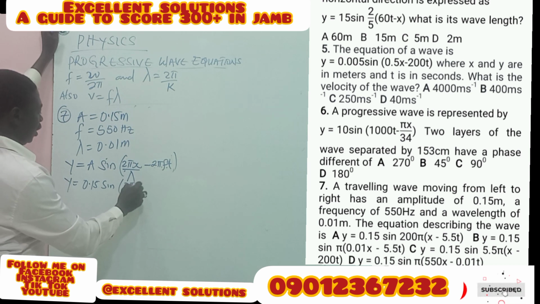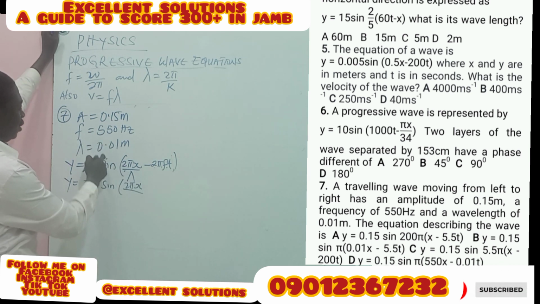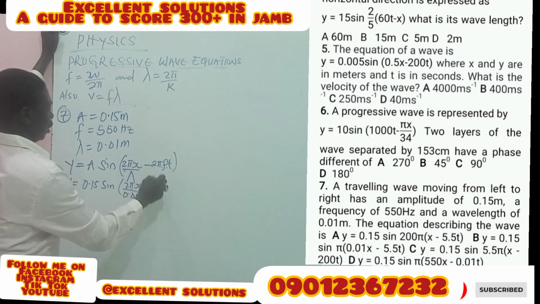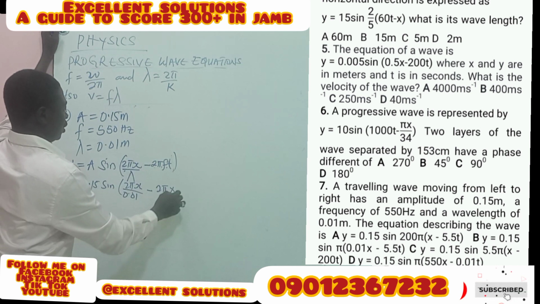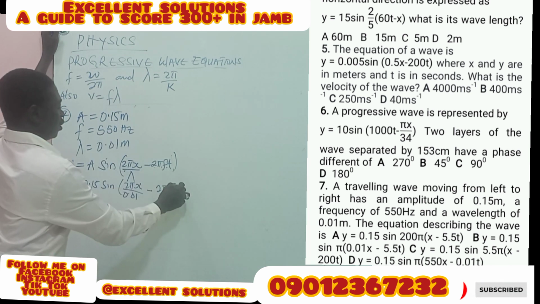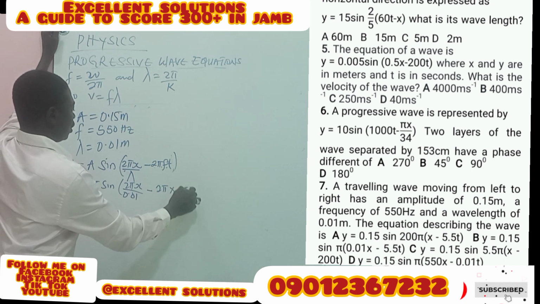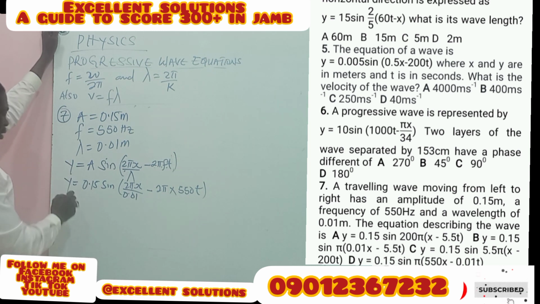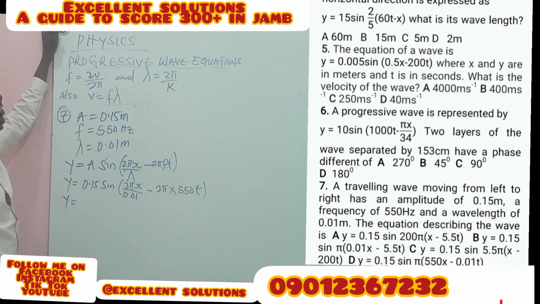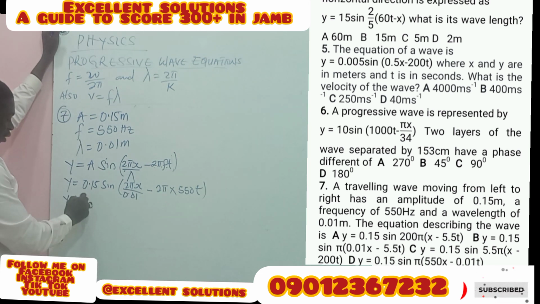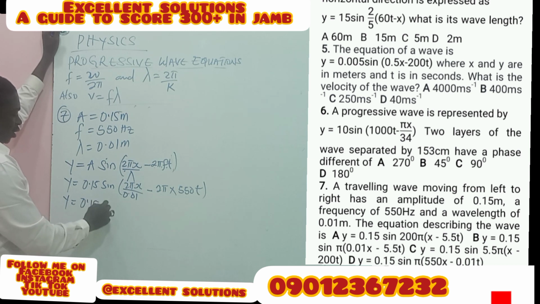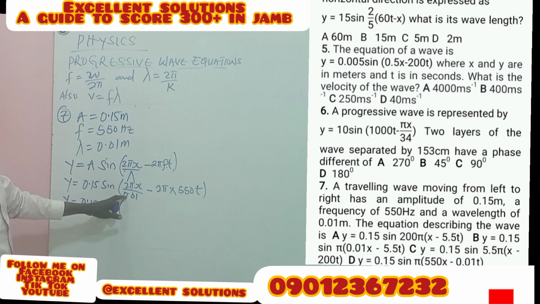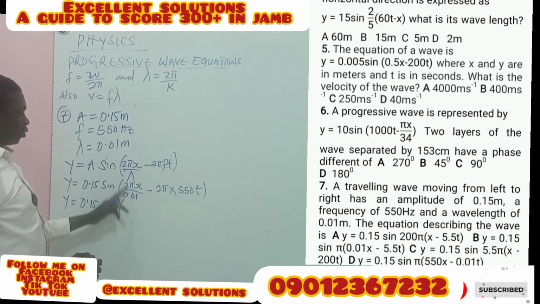Then we have x upon lambda, which is 0.01, minus 2 pi times the frequency 550, then t. So y equals 0.15 sine, and when you divide 2 by 0.01, you are going to have 200.